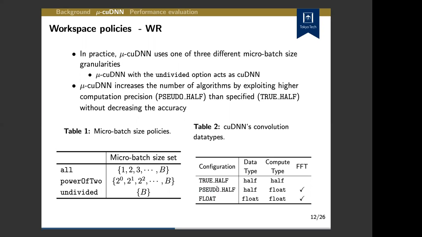So we include both true half and pseudo half in our selection of available convolution algorithms if the half precision data type is used, assuming that these algorithms might be faster than true half convolution algorithms. By the way, we don't use true half algorithms if users use single precision float because it loses precision.